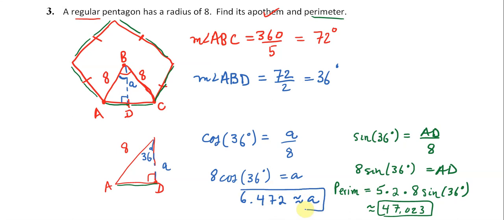So our apothem is 6.472 and our perimeter is 47.023. So there you have it, an example of how to use the information that we have so far, knowing that it's regular to find the central angle, breaking this down into small right triangles, and then finding the side lengths, and then multiplying it out.